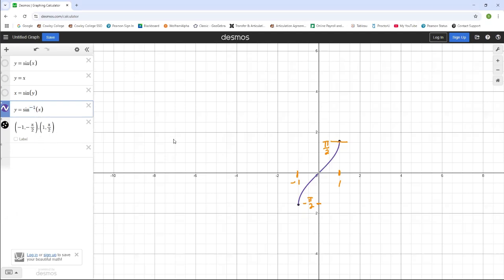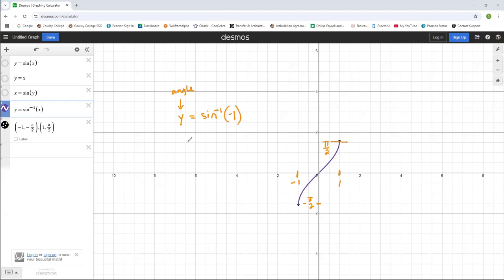All right, so now just as an example, I could say, find me the angle whose sine is -1. Okay, so if I plug a -1 into the inverse sine, I get back negative pi over 2.